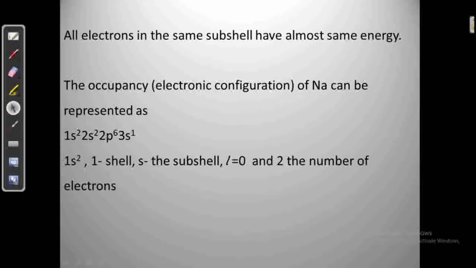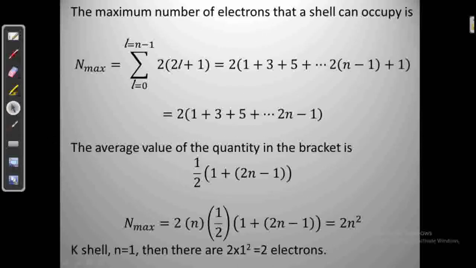There is an equation for that. The maximum number of electrons that a shell can occupy, n max, is equal to the following. Each subshell contains 2 into 2L plus 1 electrons, and there are a number of subshells in a shell.